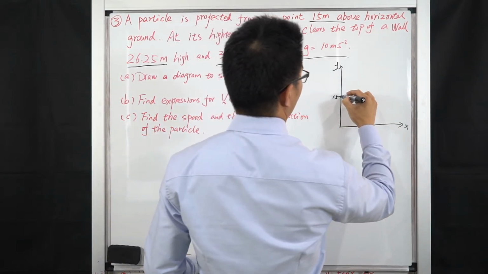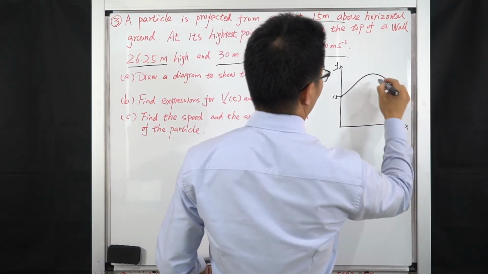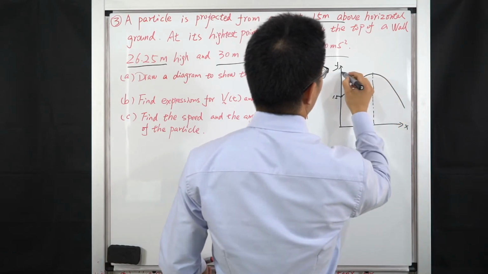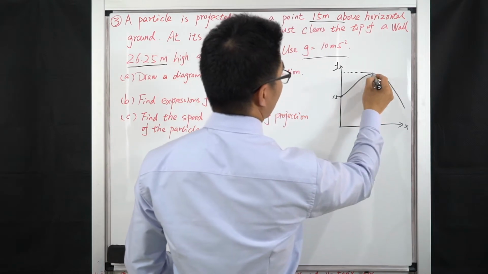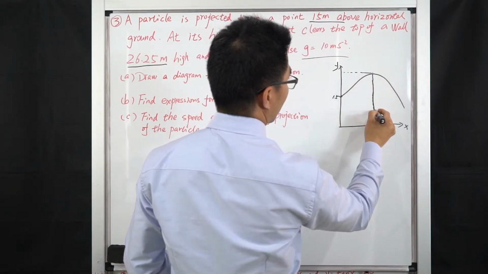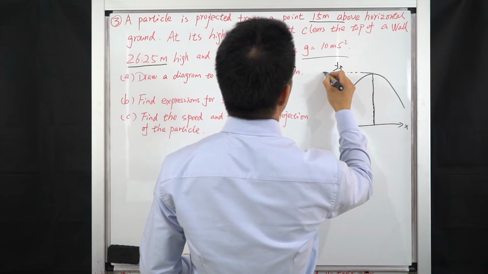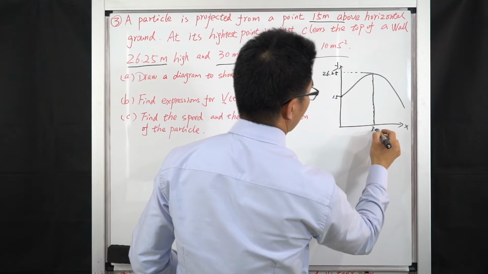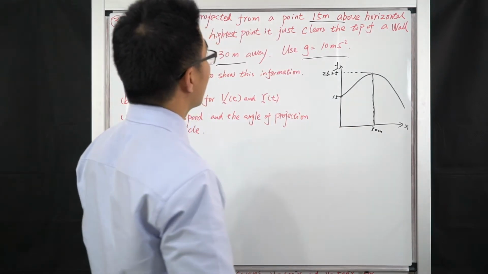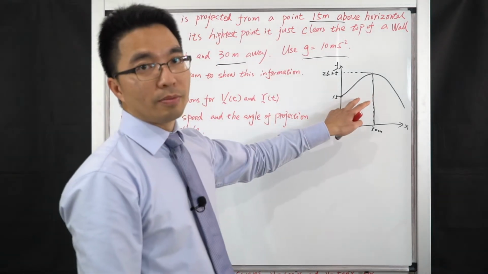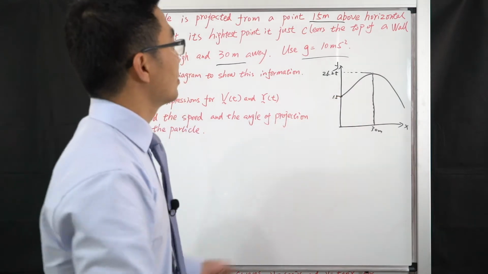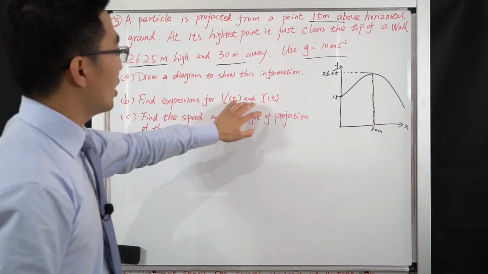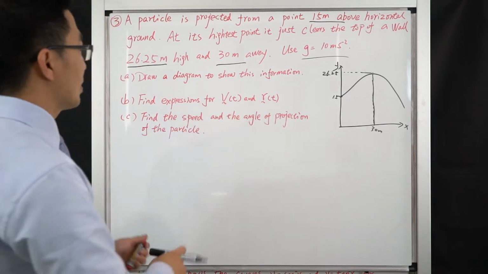Then projected away, and it hits its highest point to clear a wall over here, 26.25 meters high and 30 meters away from here. So here's the diagram for question 1. For the second part, find the expressions for the velocity and the displacement.